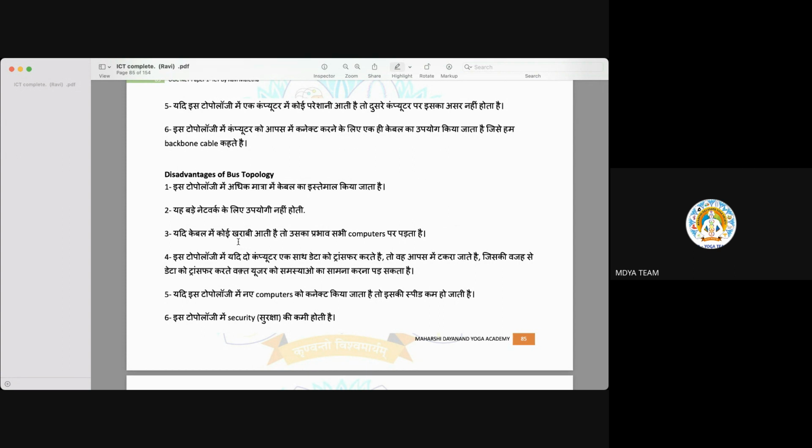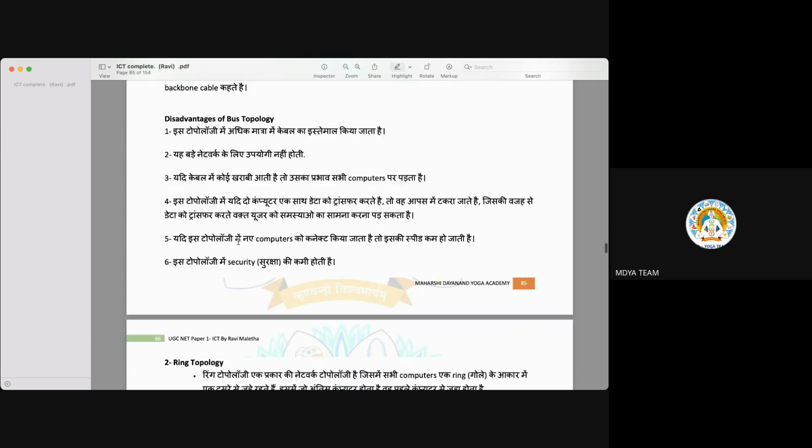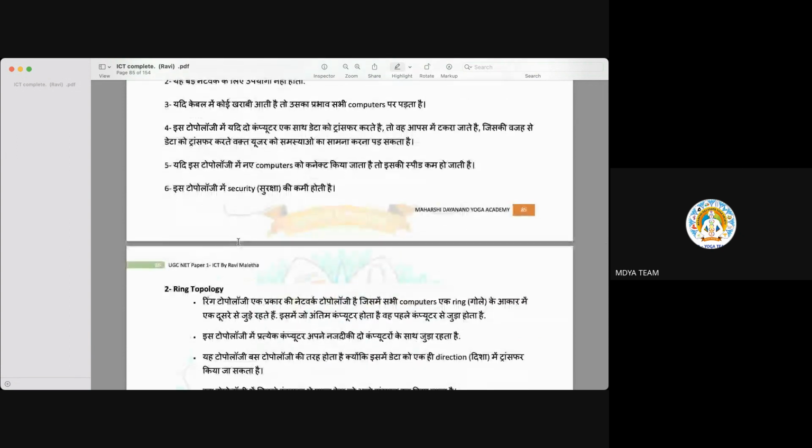So there are some issues using this bus topology. And if you connect more computers using a single cable, then the speed gets affected. Also, it is not a very secure network.